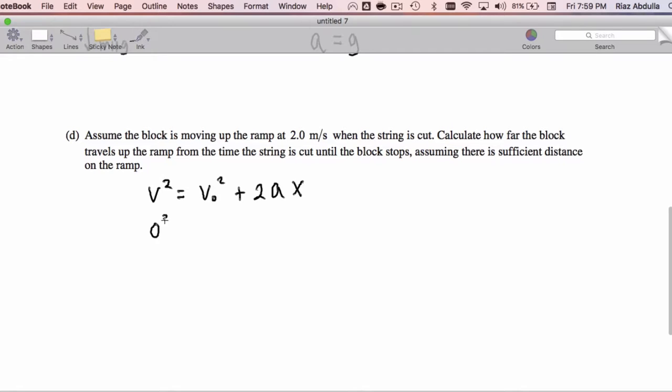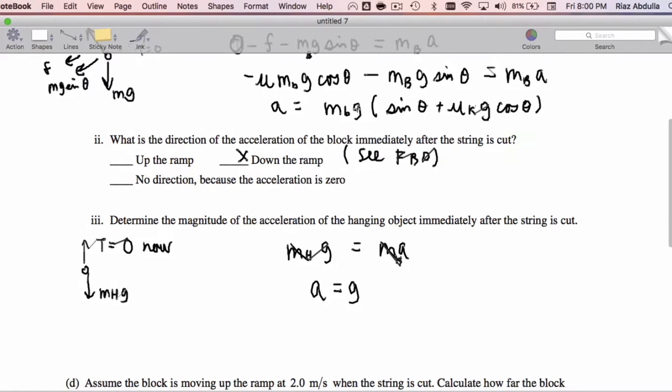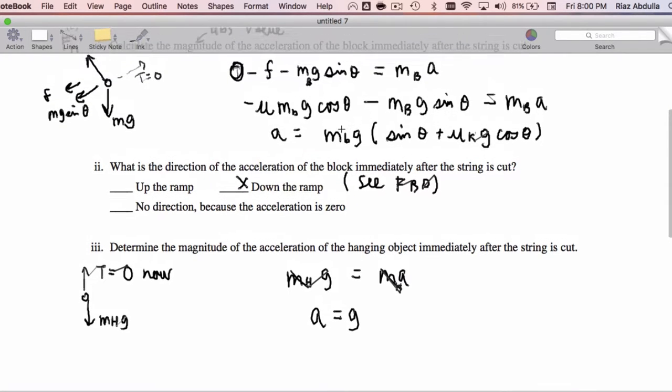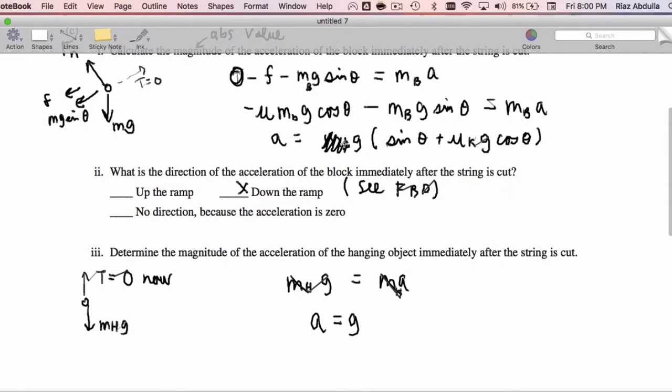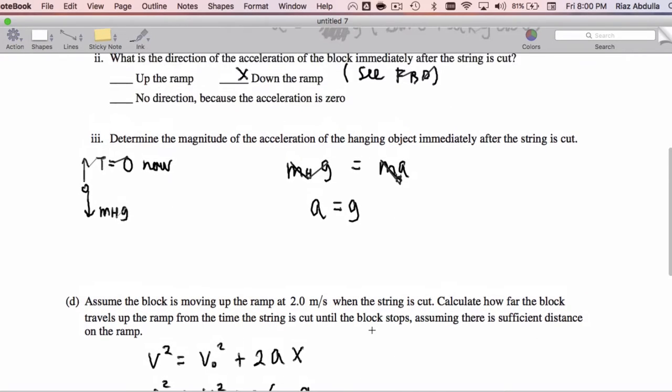So 0 squared equals 4 squared plus 2 times negative, I have it here. So you know what? I forgot, the m_b should cancel, so it's just g sine theta plus mu_k g cosine theta.